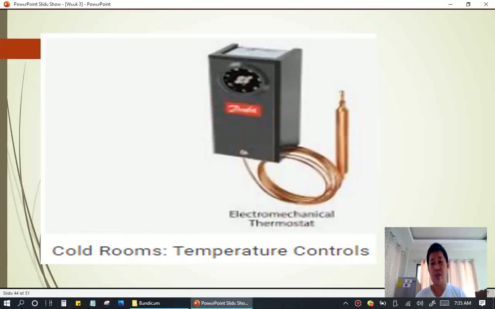So this thermostat will control the room temperature of your refrigeration, let's say provision refrigeration.